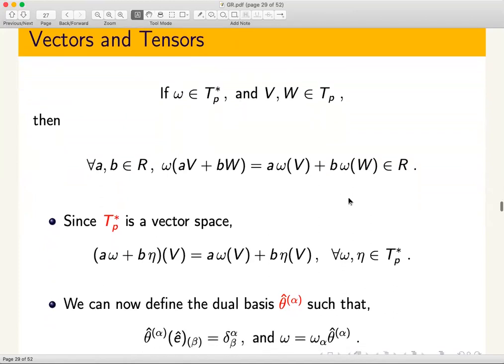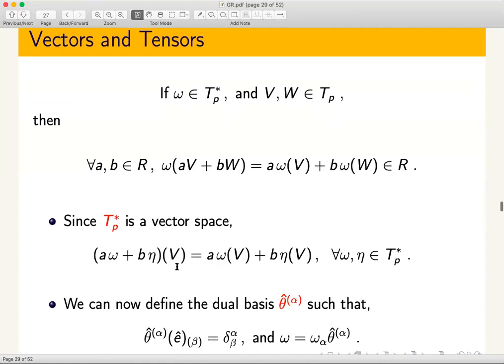Now, the dual space T star P also is a vector space, and you can check that by taking a linear combination of two one forms, or two dual vectors, and seeing their action on a particular vector in TP.